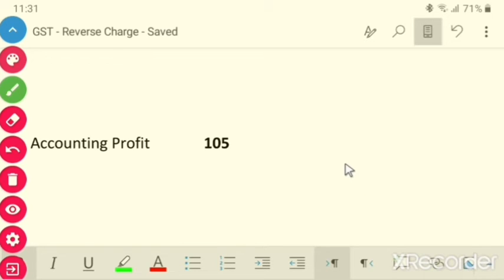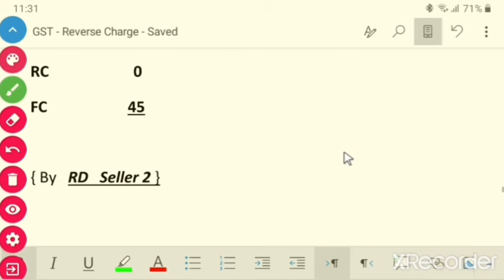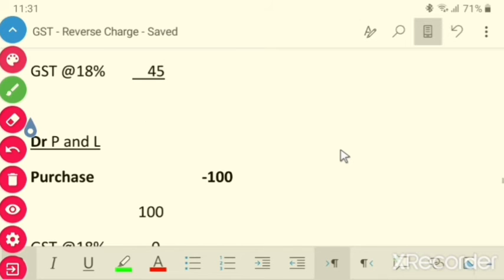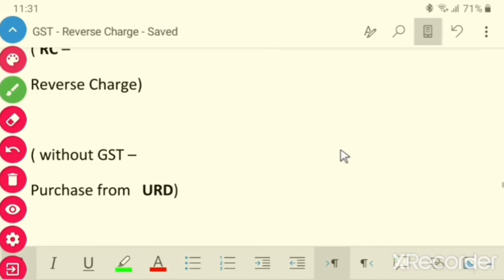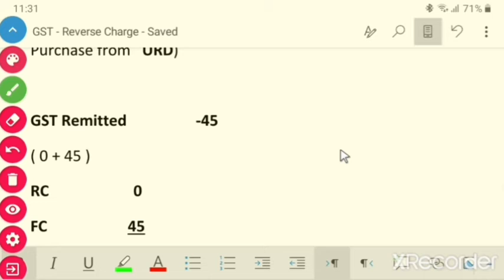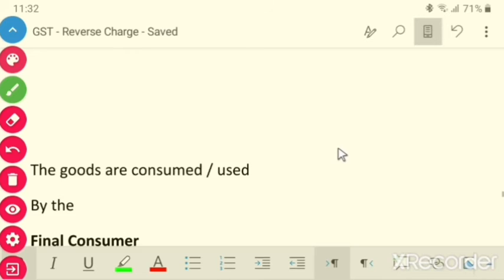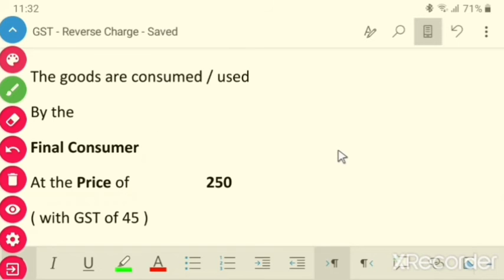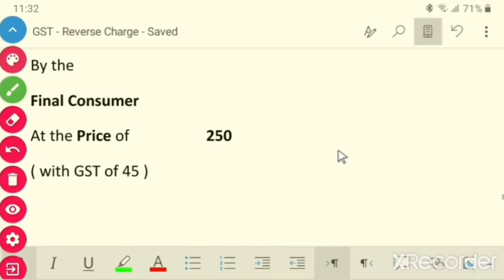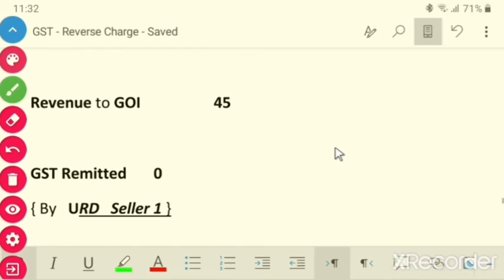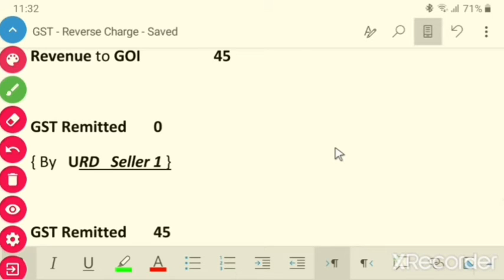So even if reverse charge is not there, accounting profit is still coming to 105 only. 250 is the sale value, 100 is the purchase price, GST remitted 45, accounting profit is coming the same, 105. The goods are consumed, used by the final consumer at the same price, 250, GST 45. Now revenue to the government, it is 45 only.